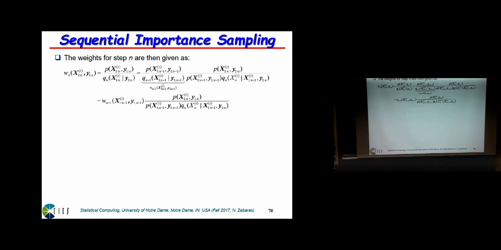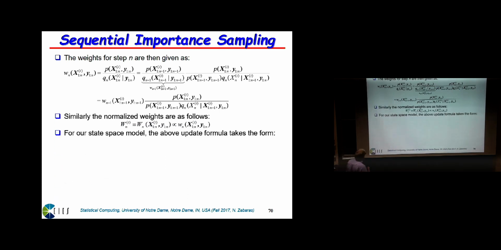You don't want to keep track, when you're on the 500th time step, of all the samples you took up to 499, whatever. You want only to keep track of the previous xn minus 1, and of course the previous weights. And you can do this.